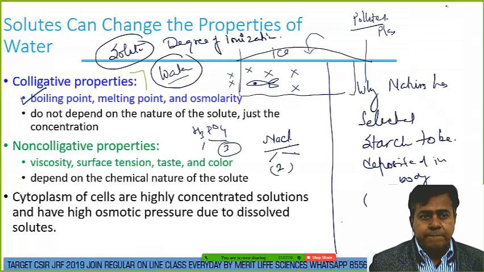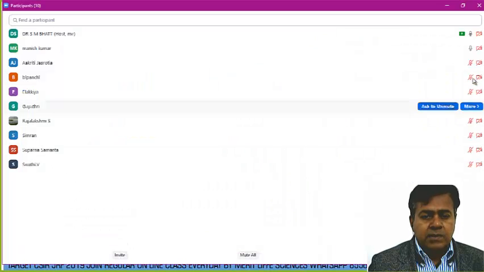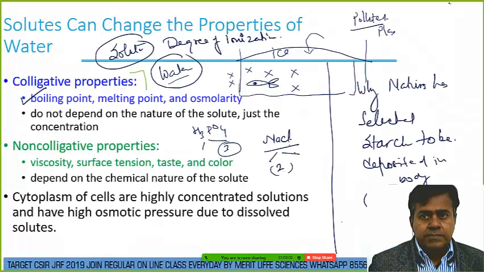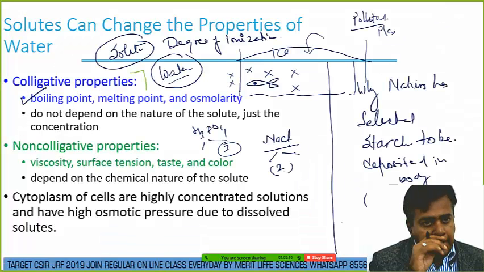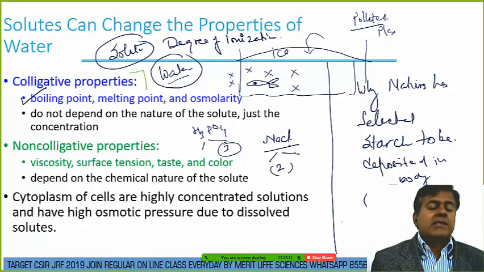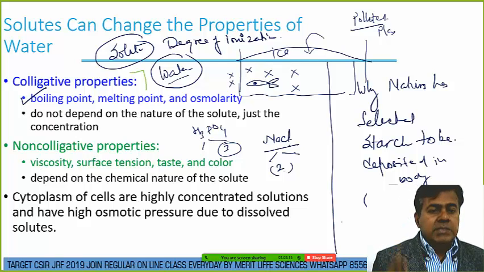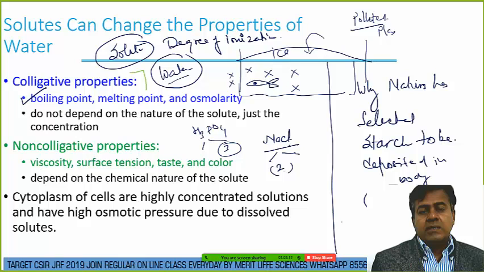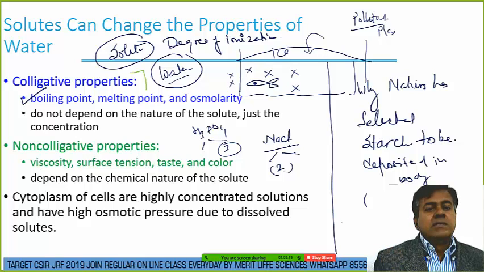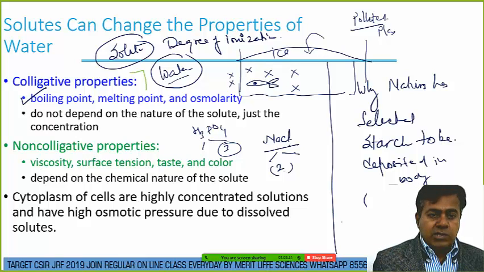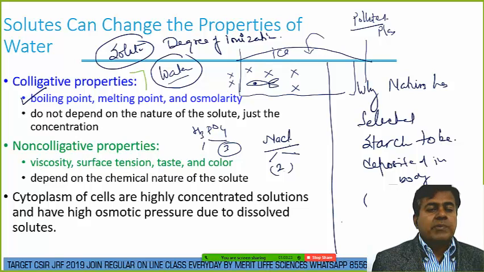Do you agree, Gayatri? So always think, whenever there is the term colligative property, it means BP, MP and OMP: boiling point, melting point, osmolarity. Right? So all these properties are going to be decided by the nature of the solute.